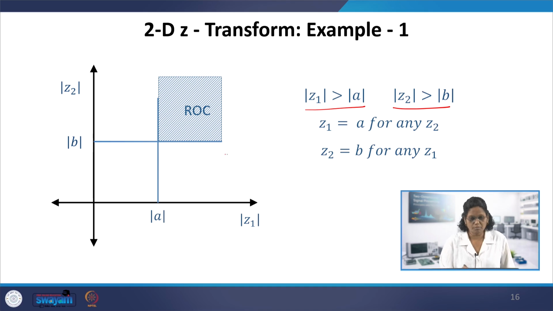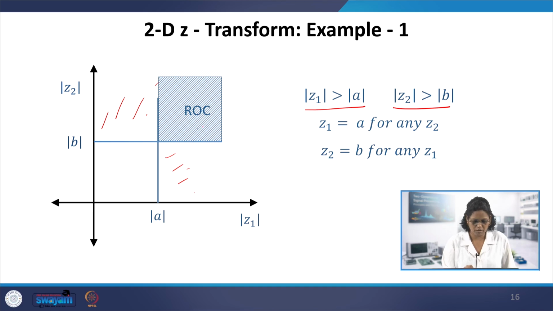Z1 greater than A is this complete region, and Z2 greater than B is this complete region. The intersection of these two is the particular region marked over here, the ROC.